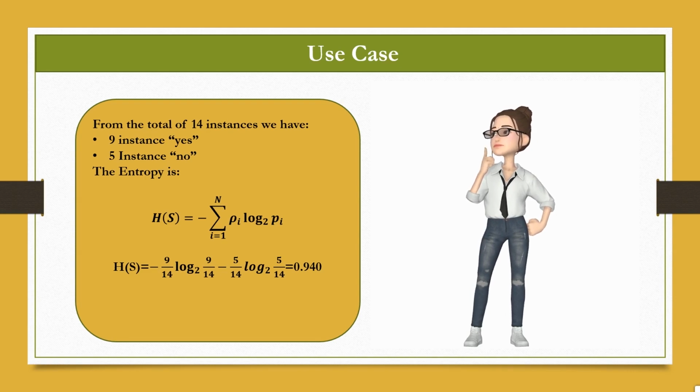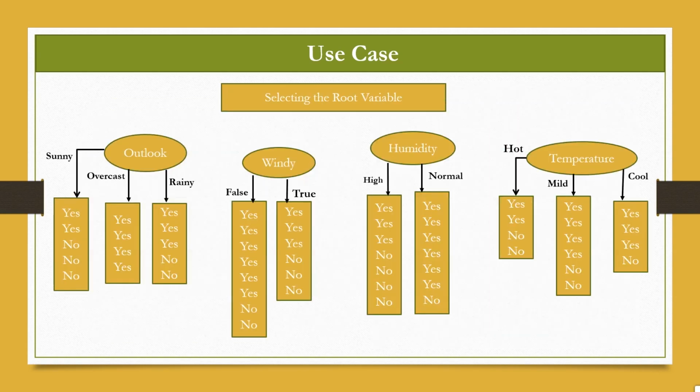Now in order to ensure that we choose the best variable for the root node, let us look at the possible combinations that you can use on the root node. These are all the possible combinations. You can either have Outlook, windy, humidity or temperature. These are 4 variables and you can have any one of these variables as your root node.